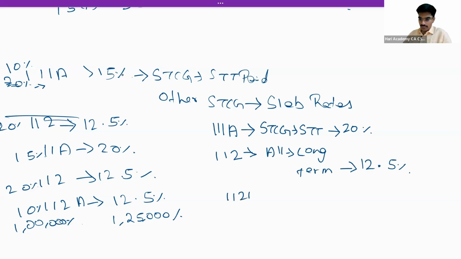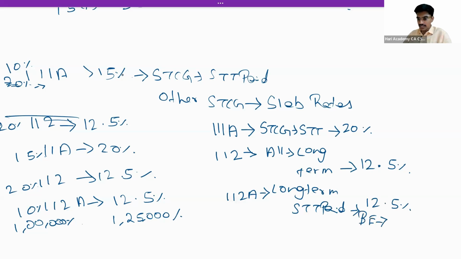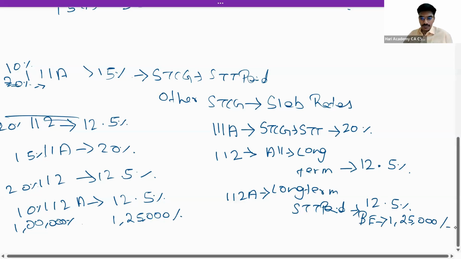Next is 112A. It is for long term with STT paid. Here it is 12.5%. Basic exemption for this alone is going to be 1,25,000. These are the new rates applicable for capital gains.